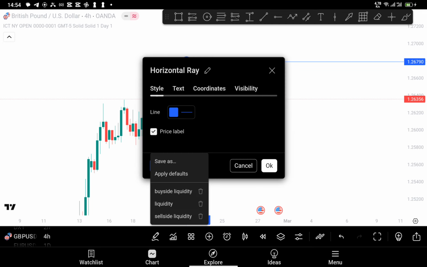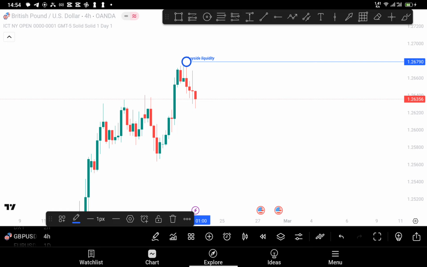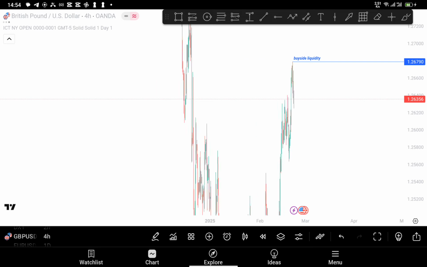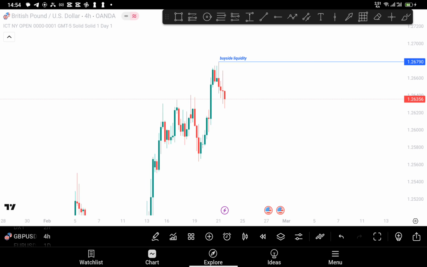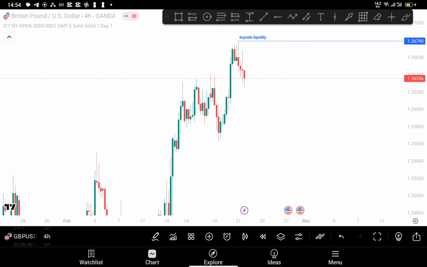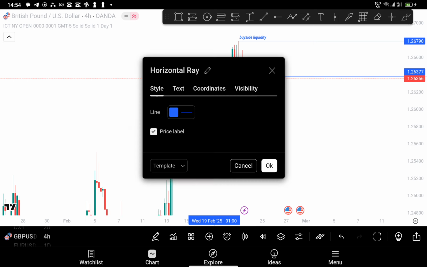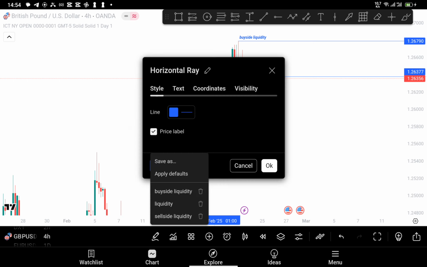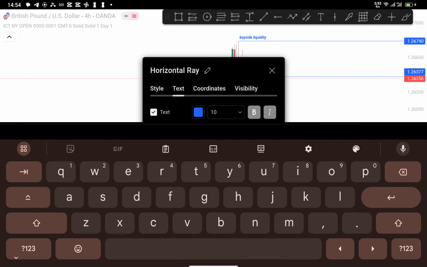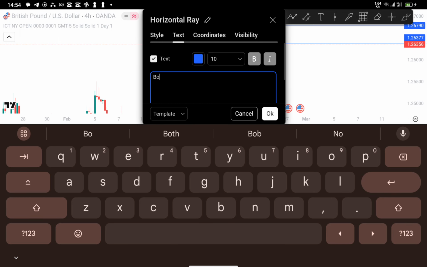There is buy side liquidity above there. That's the highest. Is it the highest high? No, not necessarily the highest high. But we had a buy side liquidity there. We had a break of structure here. So I'm just gonna call it BOS.